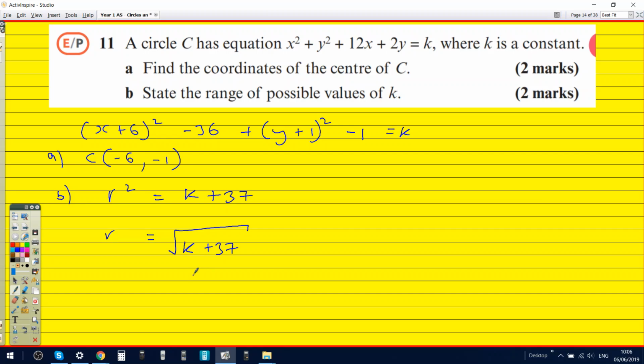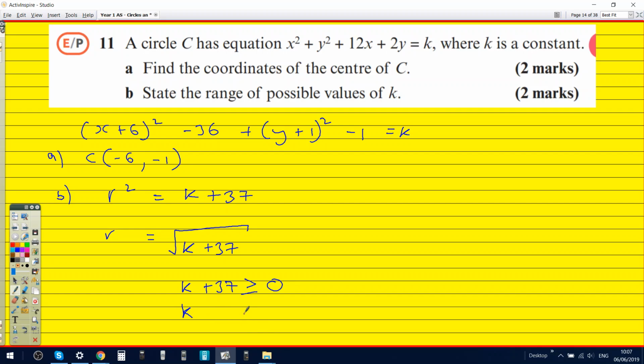So basically, k plus 37 has to be bigger than 0, because it can't be a minus number. And actually it can be equal to 0, so it's greater than or equal to 0.